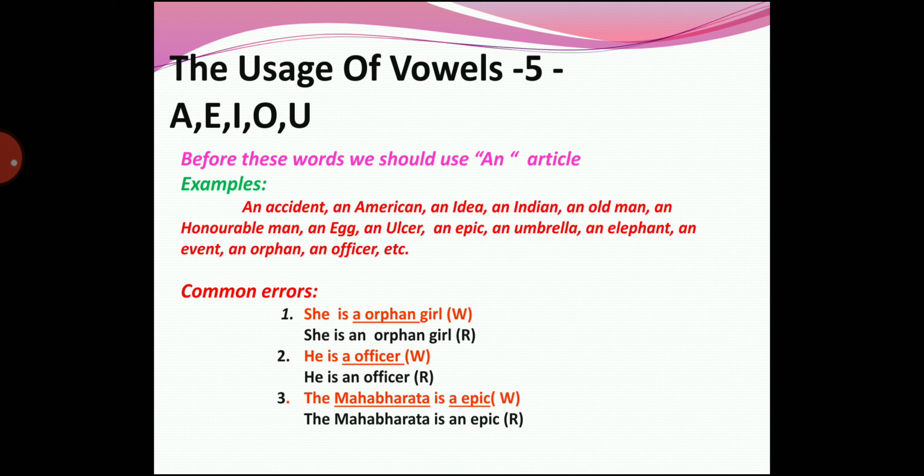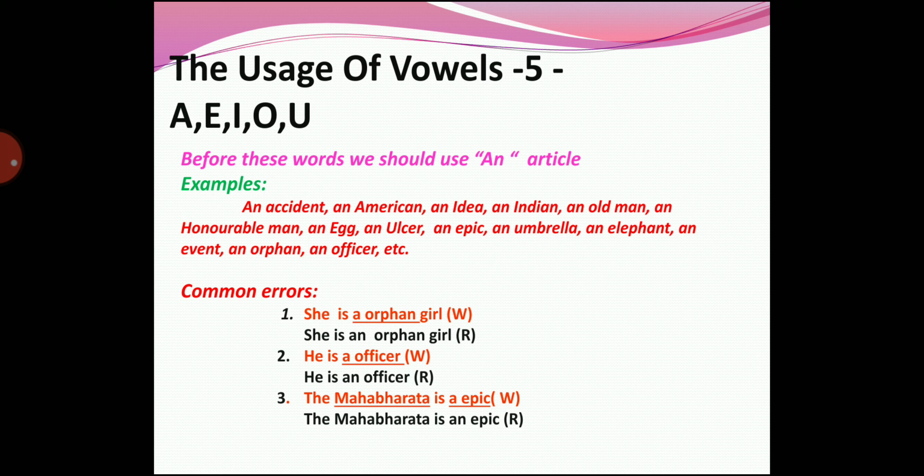Now here, before these words, we should use the article an: an accident, an American, an idea, an Indian, an old man, an honorable man, an egg, an ulcer, an epic, an umbrella, an elephant, an event, an orphan, an officer, etc. Here I gave a few common errors.